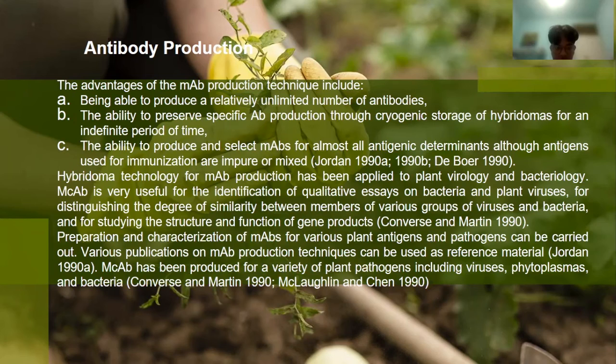Preparation and characterization of MAbs for pathogens can be carried out. Various publications of MAb production techniques can be used as reference material. MAb has been produced for a variety of plant pathogens, including viruses, phytoplasmas, and bacteria.